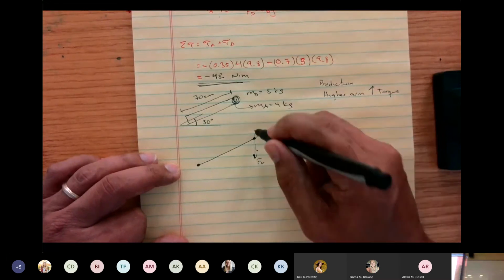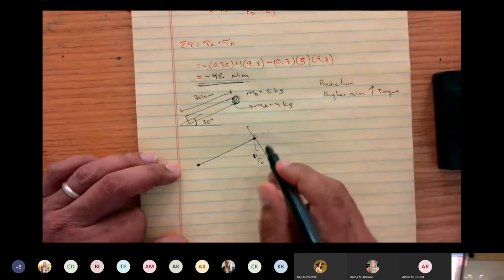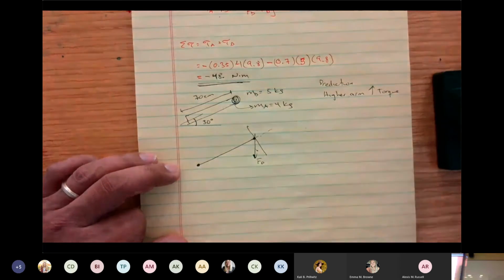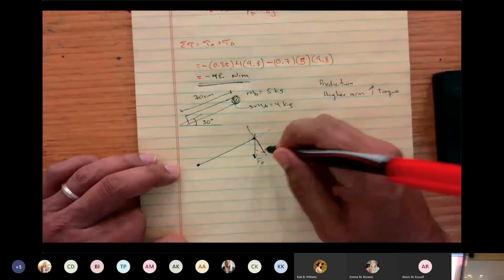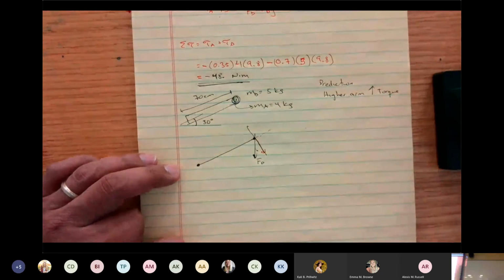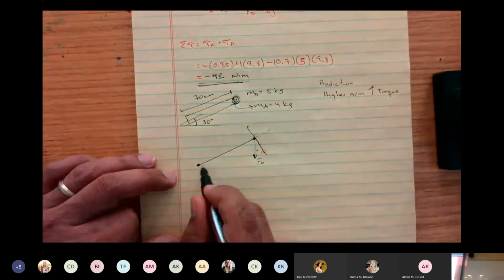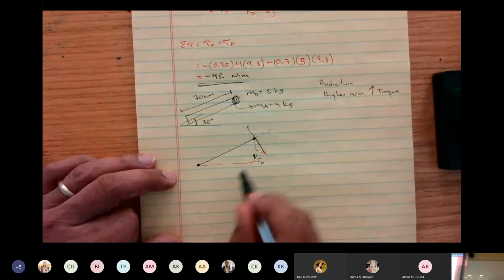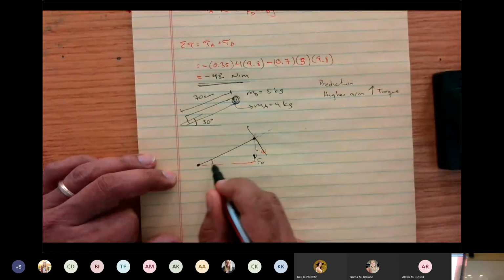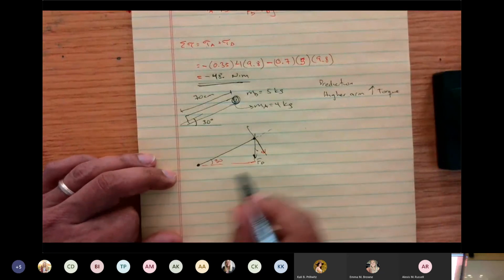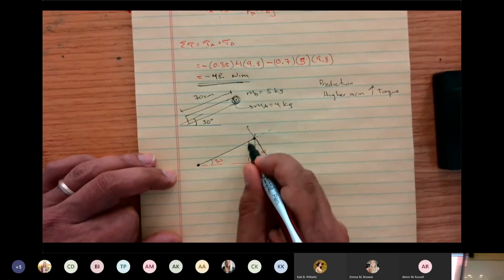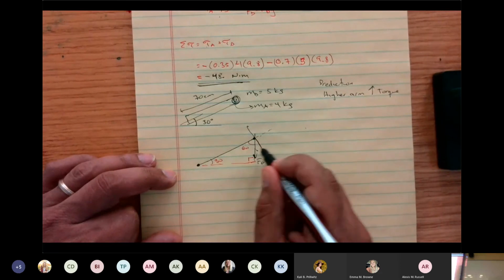So I want this component over here. This is the 30-degree angle above horizontal. This is going to be 90, this is going to be 60, and this is going to be 30.